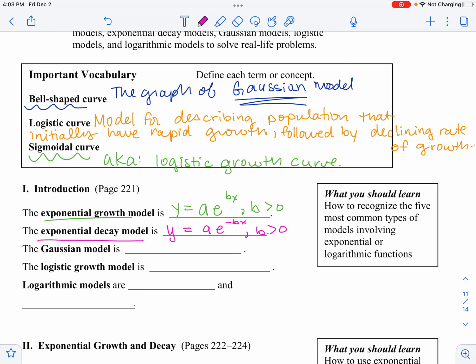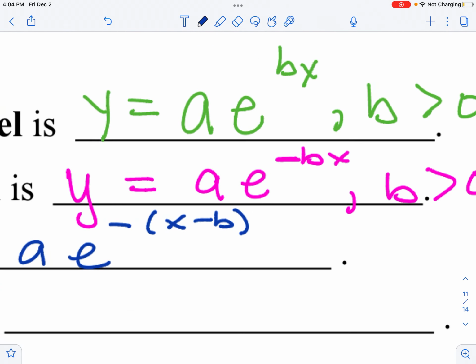So basically the b value is multiplied by a negative, so it's declining. The Gaussian model is y equals a times e to the negative x minus b, squared, and then everything over c in the exponent.